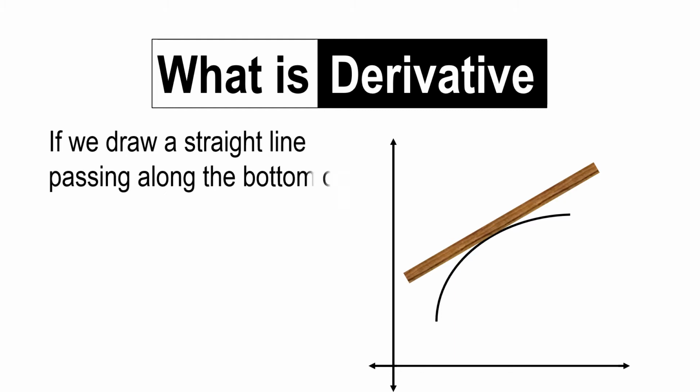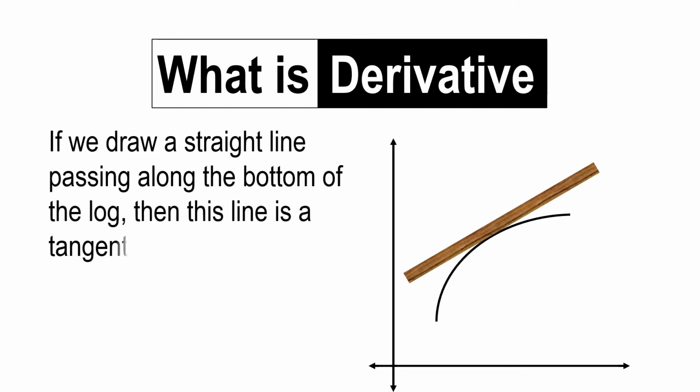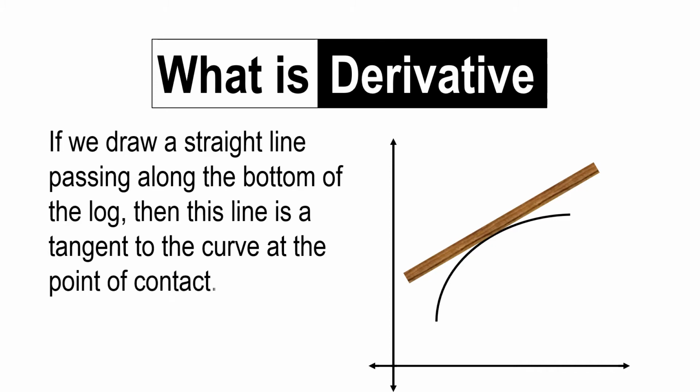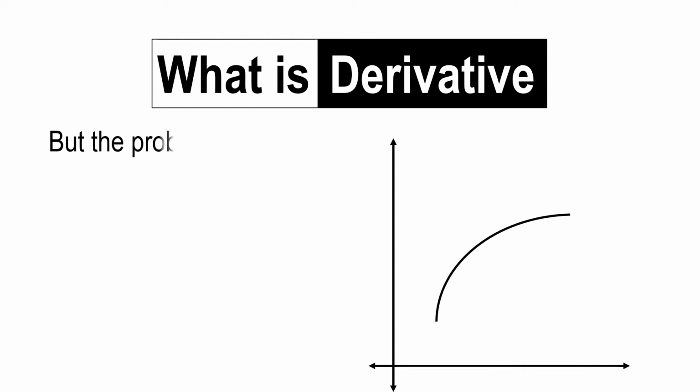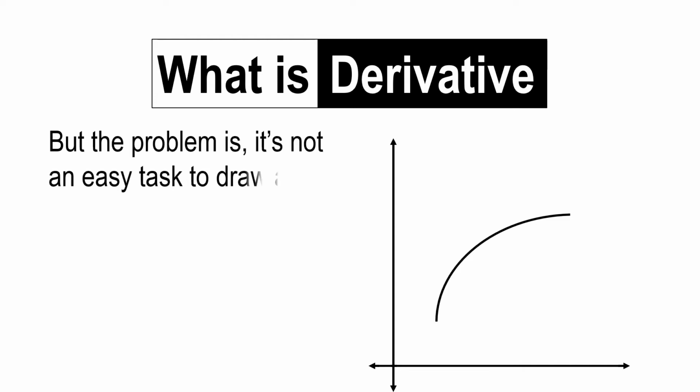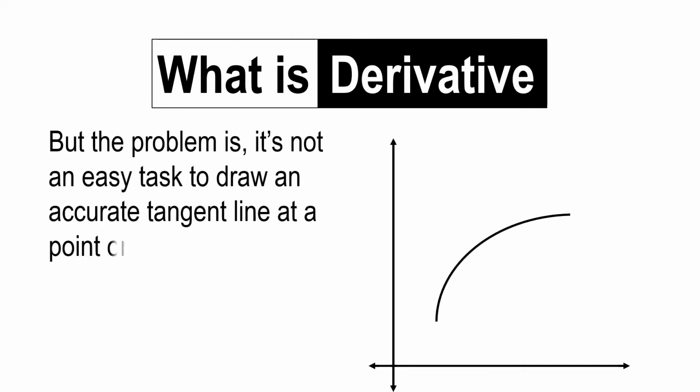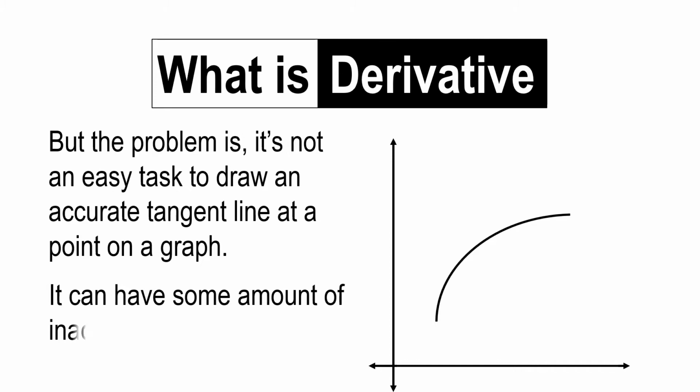If we draw a straight line passing along the bottom of the log, then this line is a tangent to the curve at the point of contact. But it's not an easy task to draw an accurate tangent line at a point on a graph. It can have some amount of inaccuracy in it.